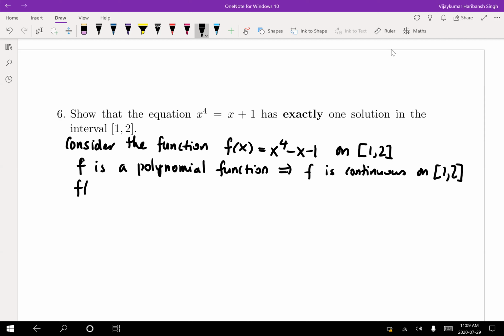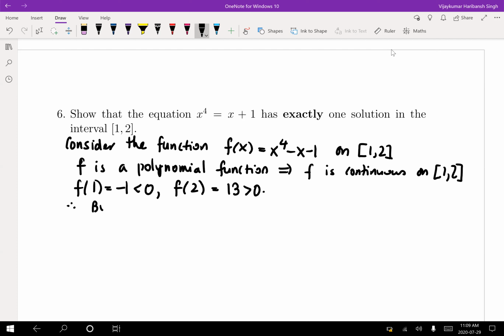F of 1 is 1 minus 1 minus 1. This minus 1 is less than 0. What about f of 2? F of 2 is 2 to the power 4, which is 16 minus 2 minus 1, so greater than 0. So therefore, what?